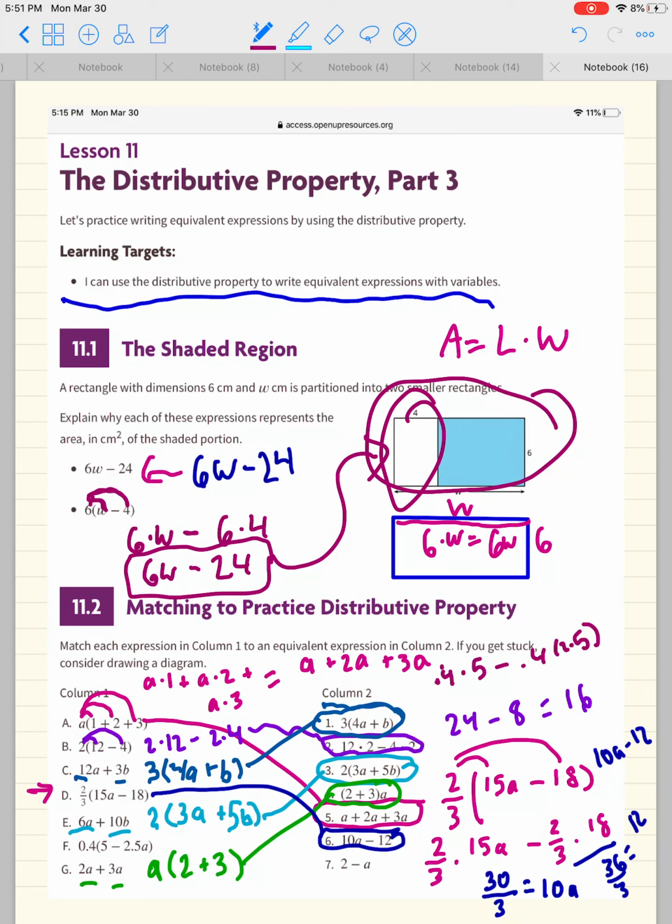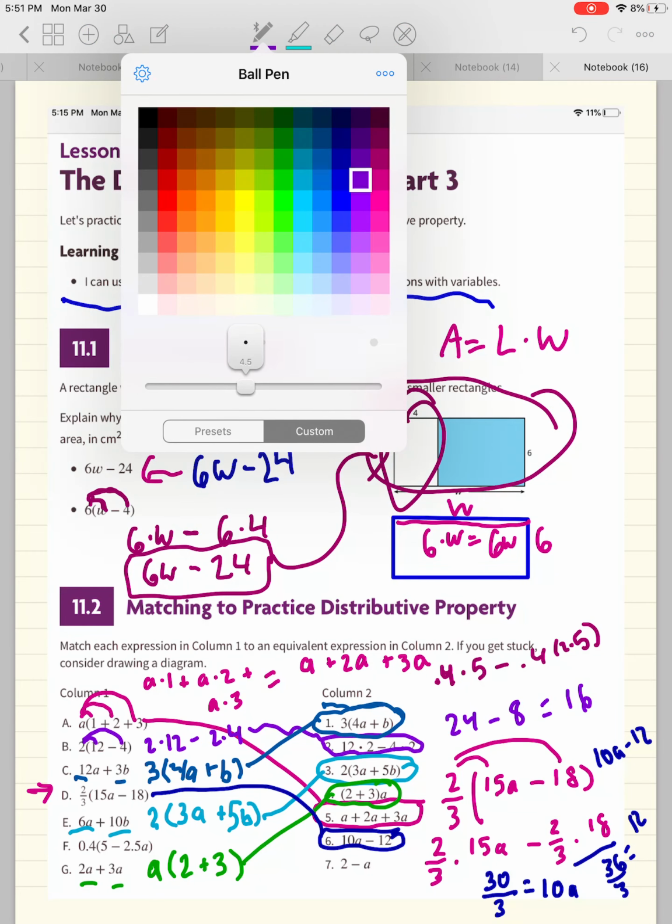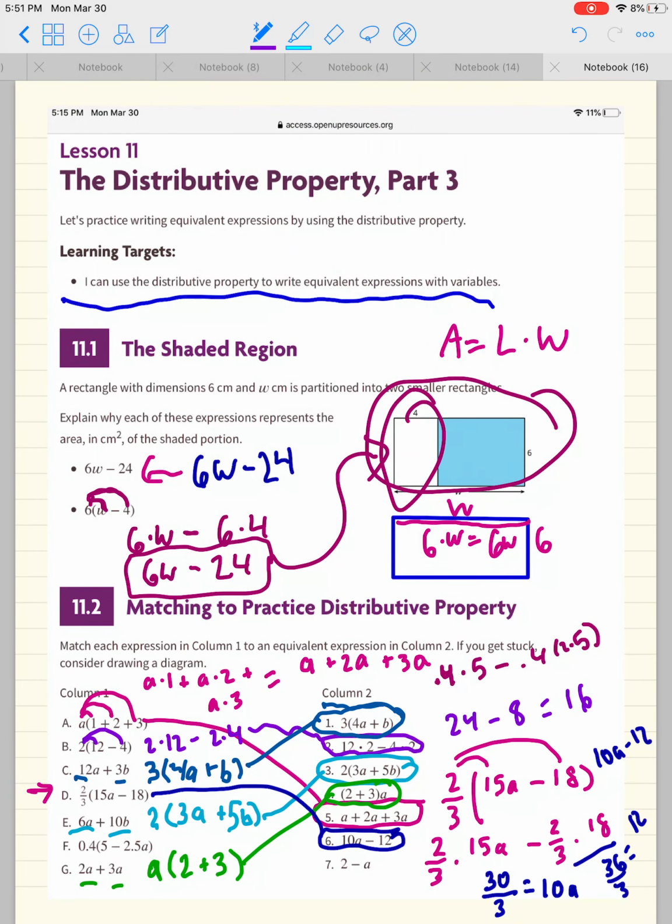I know this is kind of confusing with the decimals and the multiplication sign, but 0.4 times 5 is equal to 2, and 0.4 times 2.5 is equal to 1, or 1A. And so the correct answer is 2 minus A, because 1A is the same thing as A.